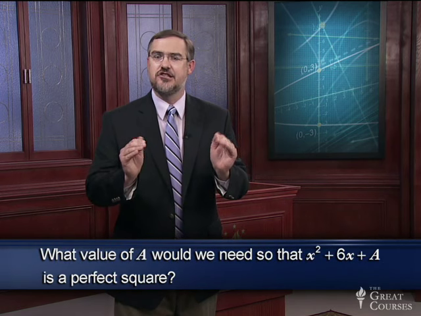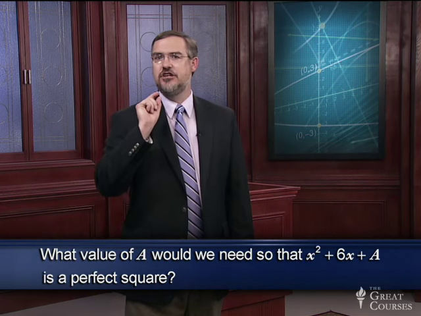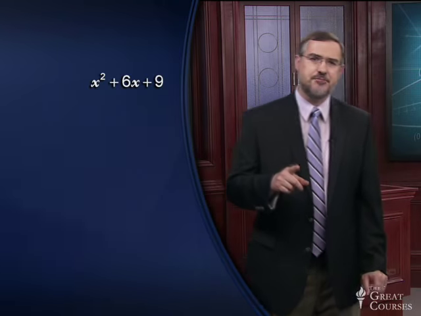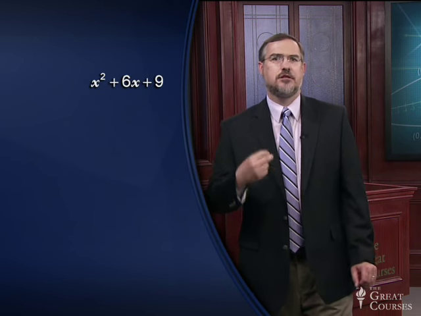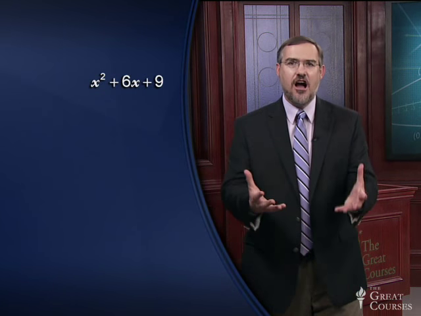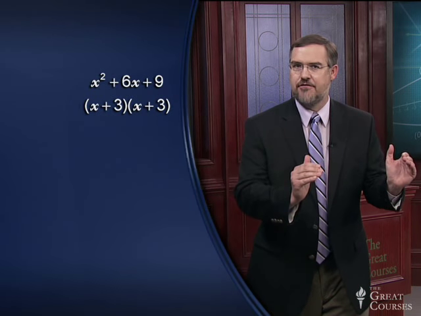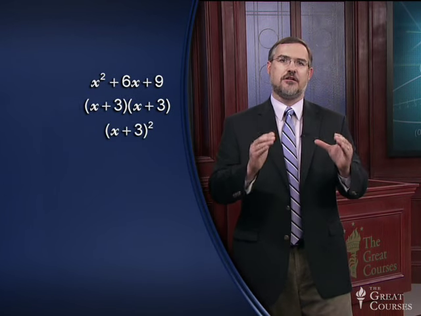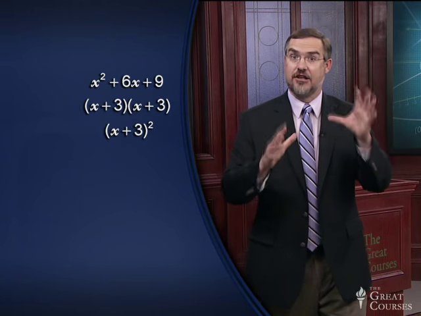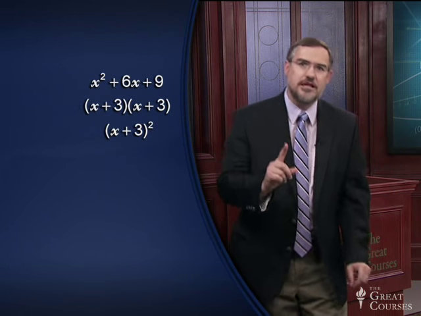In this case, that value of a would need to be 9, and that's because x^2 + 6x + 9 equals (x + 3)(x + 3) when I factor, and that is (x + 3)^2, and that's a perfect square. Now that's really helpful to see.